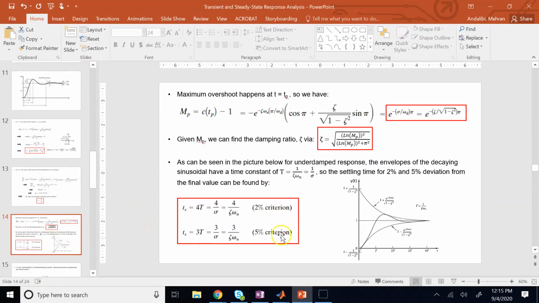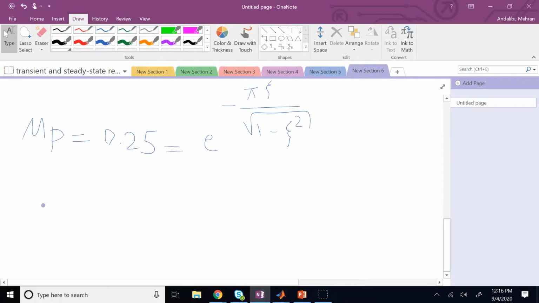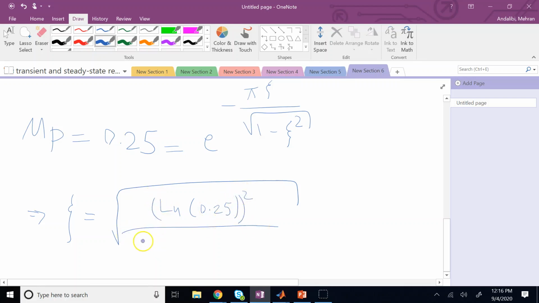And so then we can plug it back into the zeta formula and say that's the square root of natural log of MP squared divided by that. So let's first get zeta. So from here, zeta is going to be square root of natural log of 0.25, the whole thing squared, divided by pi squared, plus, again, the same thing, natural log of 0.25, the whole thing squared.